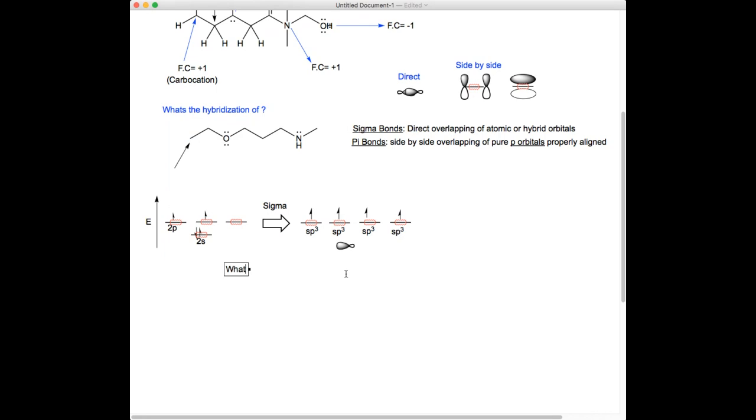What are the orbitals participating in the carbon hydrogen bonds of the atom that I'm pointing to with the arrow? What are the orbitals participating in the carbon hydrogen bonds of this carbon over here?